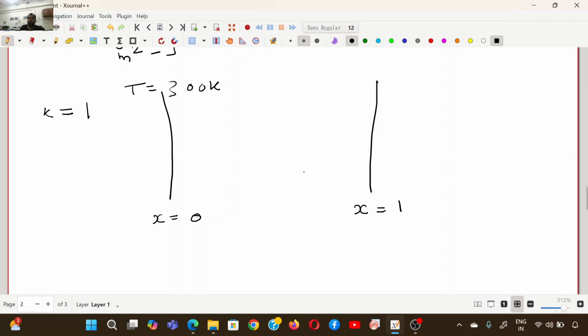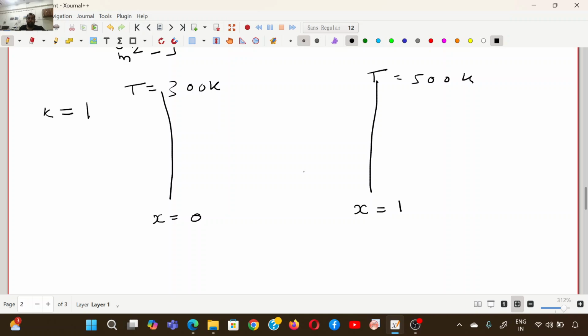I will give you a small problem. Say there are two walls like this. This is at x equal to 0, this is at x equal to 1. Forget about units, just take the absolute values. The thermal conductivity k is equal to 1. This wall is at 300 Kelvin and this wall is at 500 Kelvin.